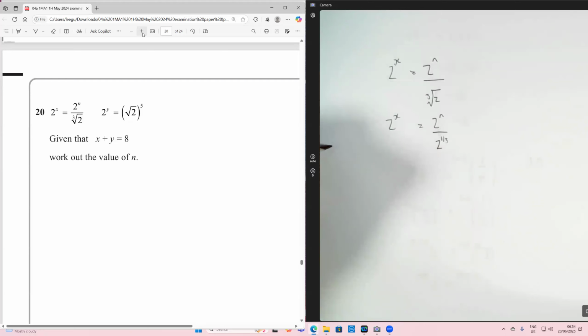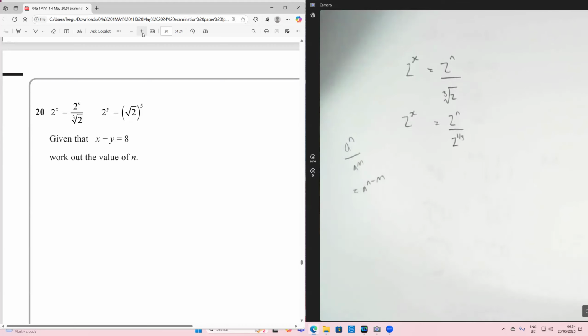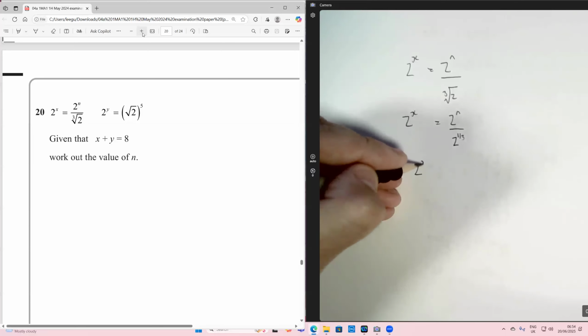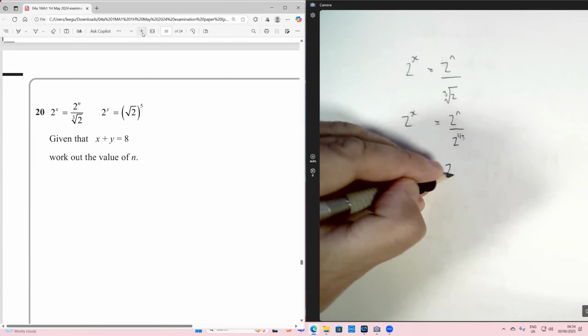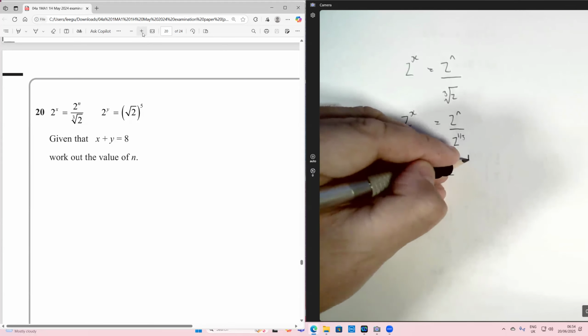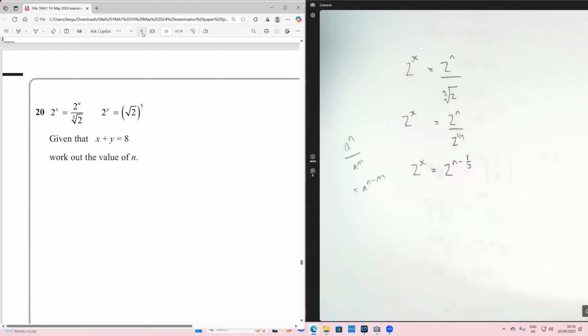Now, using the law that a to the n over a to the m is equal to a to the n minus m, I'm now going to rewrite this as 2 to the power of x is equal to 2 to the power of n minus 1/3. Okay, that's using this law of indices that we've discovered in one of our earlier videos.